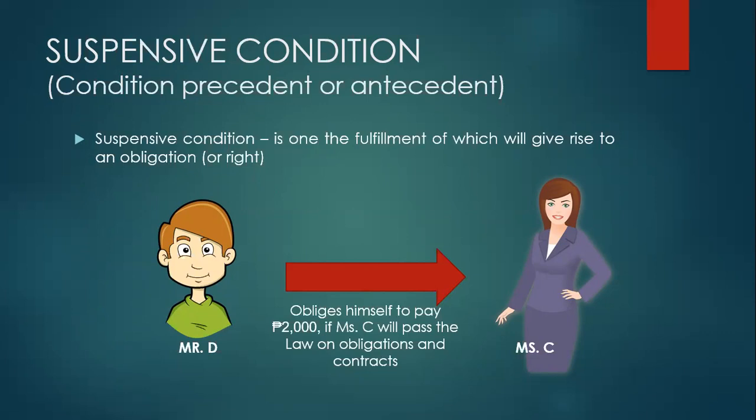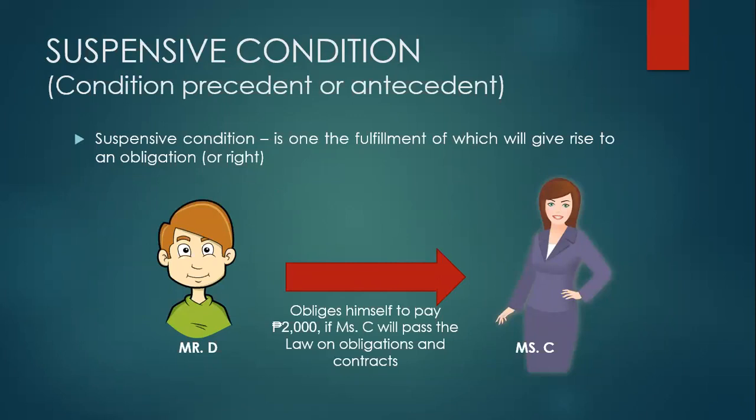For example, Mr. D obliges himself to pay 2,000 pesos if Miss C will pass the law on obligations and contracts. In this obligation, you can see that the condition is if Miss C will pass the law on obligations and contracts.